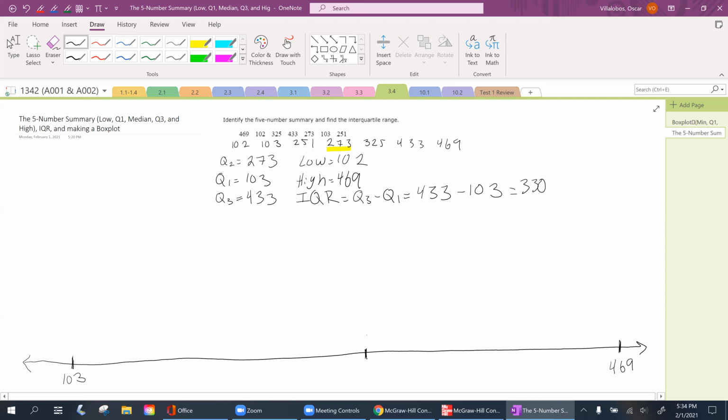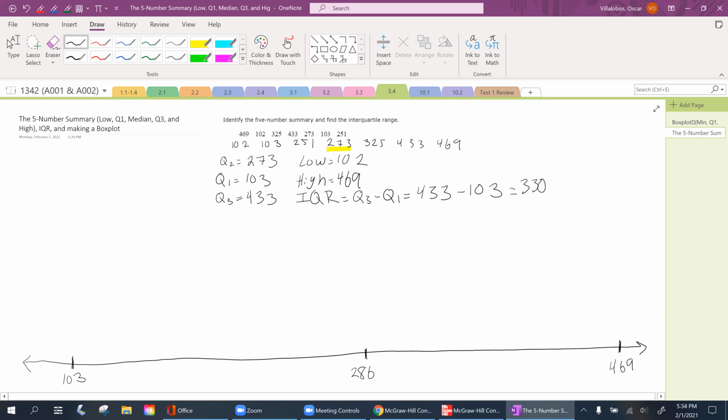What would this middle value here be? Let's find the median of those two. What do we think that's going to be? This ends up being our 286. 286 is a point of reference.